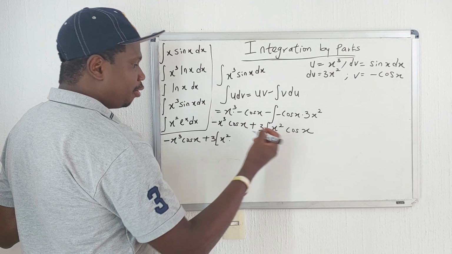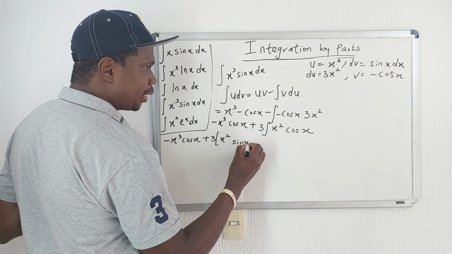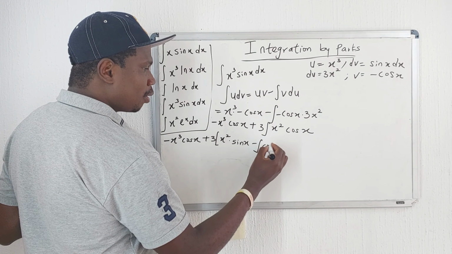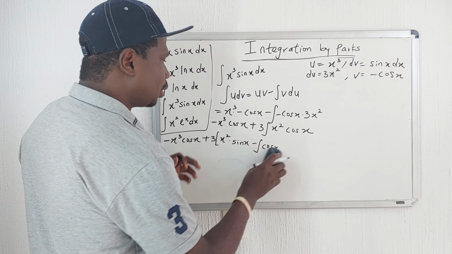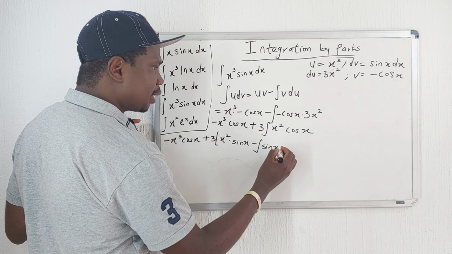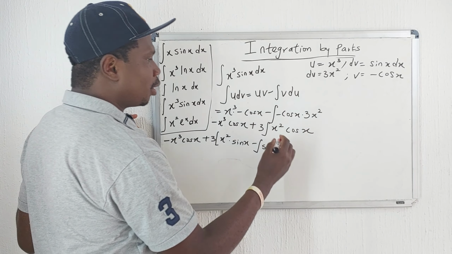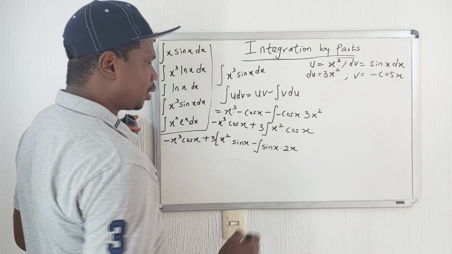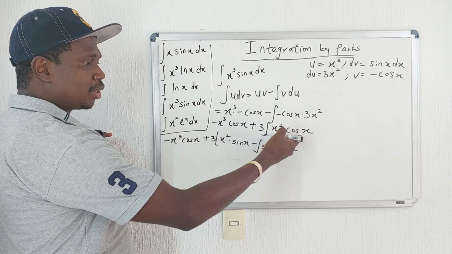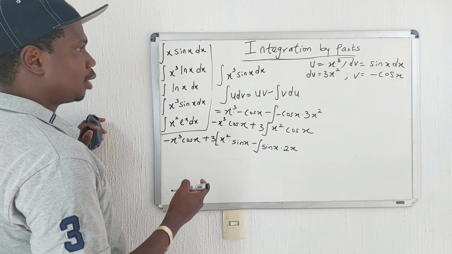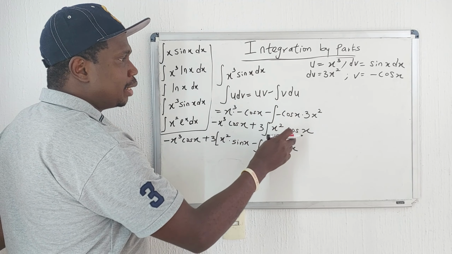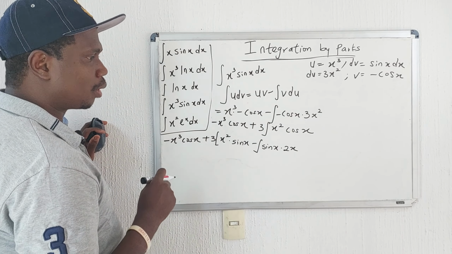If I integrate cosine of x, I'm going to have sine x, minus, using the same formula, v, which is sine x, dot the u derivative, which is 2x. So when I take the integral of cos x, I'll have sine x. So by this place I'm integrating by parts again, where this is my u and this is my dv.